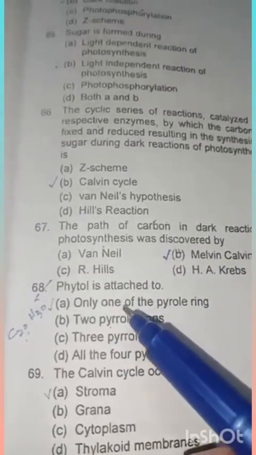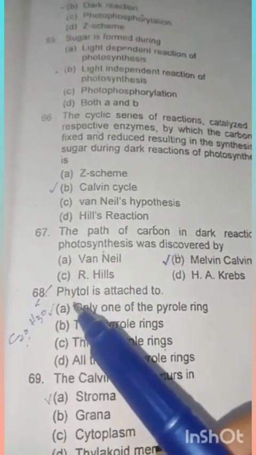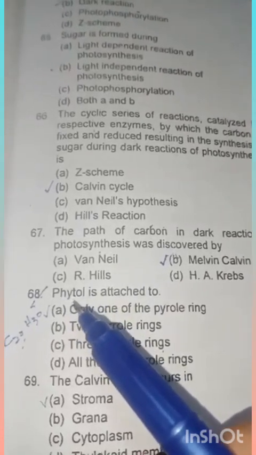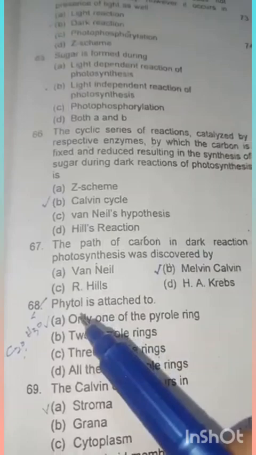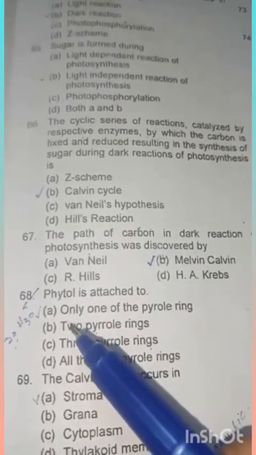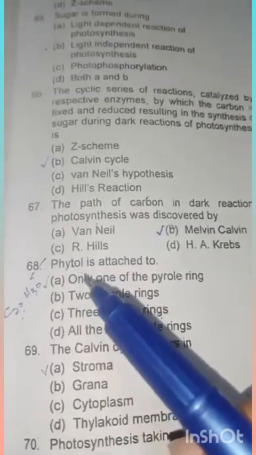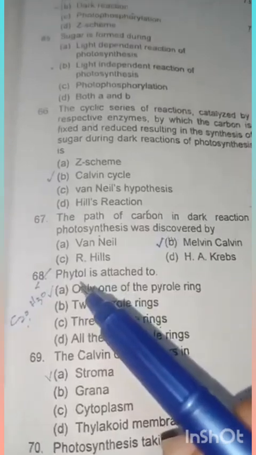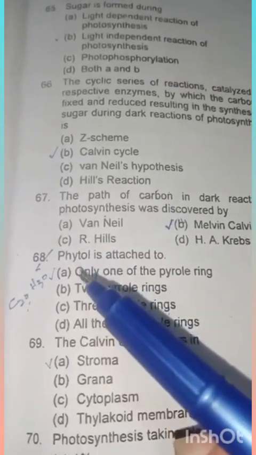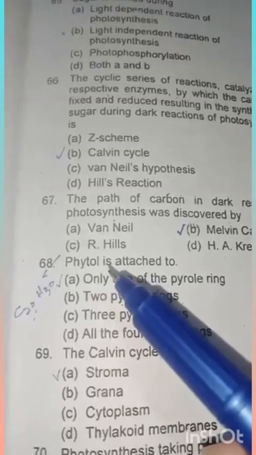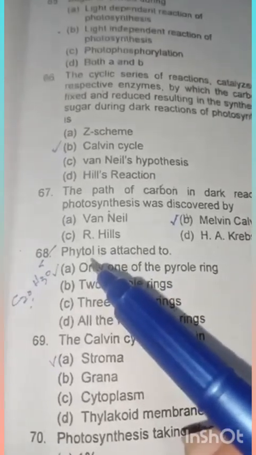Phytol is attached to which part? The chlorophyll molecule is composed of two main parts, the porphyrin ring and the phytol tail. The hydrophilic part of chlorophyll is known as the porphyrin ring, and phytol is the insoluble, hydrophobic part.